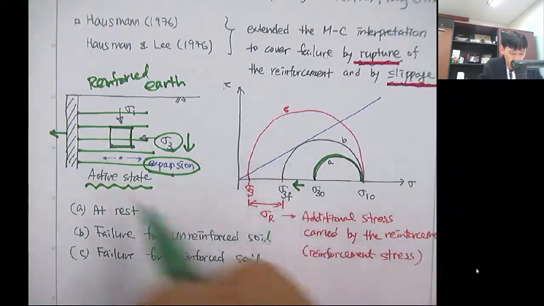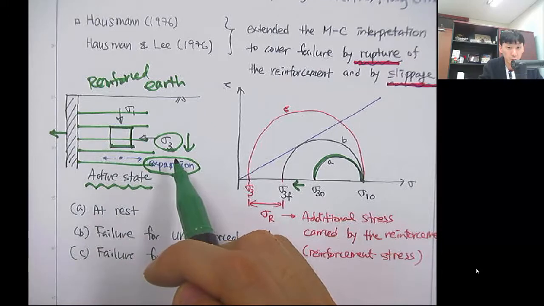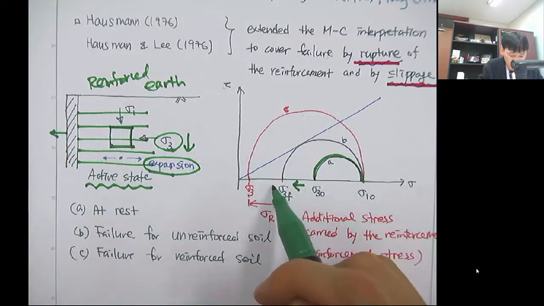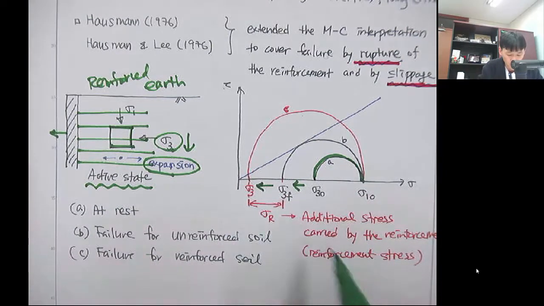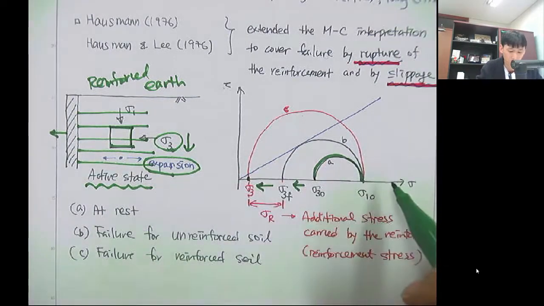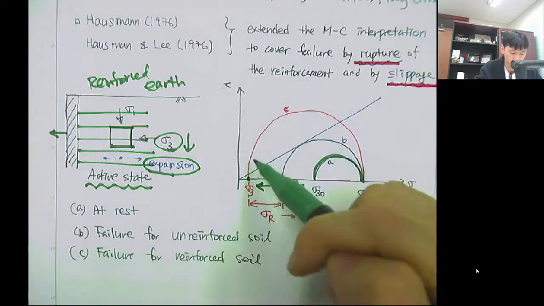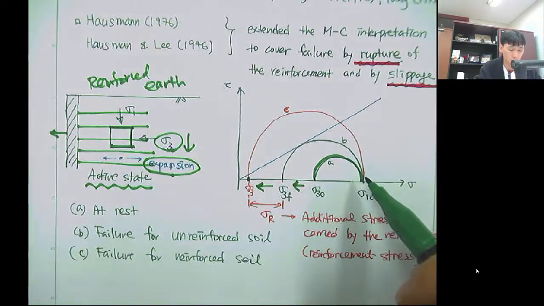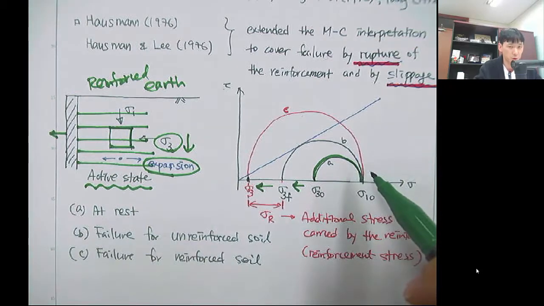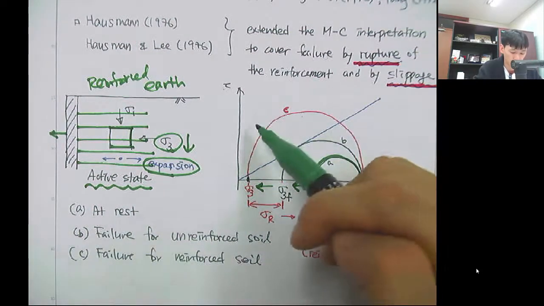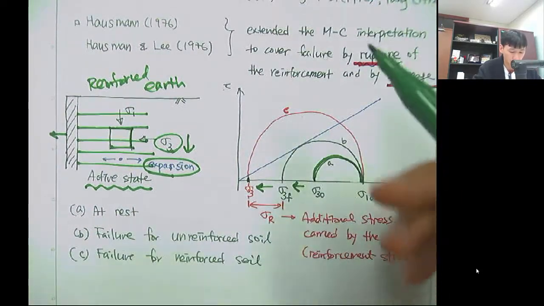That means sigma 3 can be reduced more without causing any failure, so the circle will increase more, and the red circle indicates the stress state of the reinforced soil at failure.